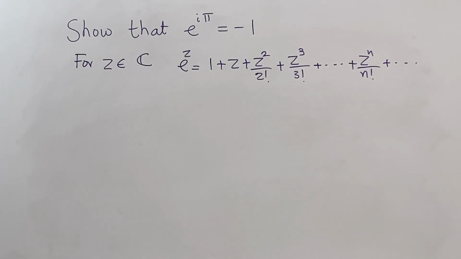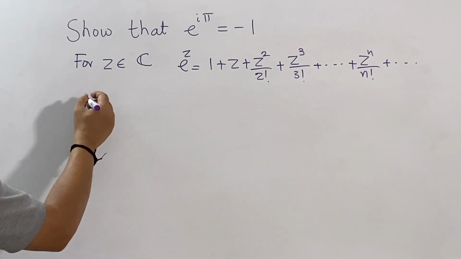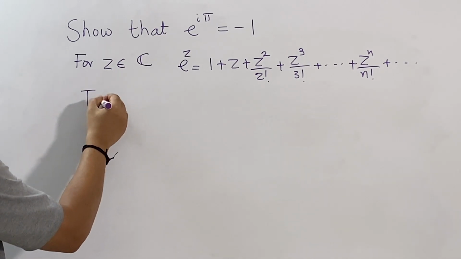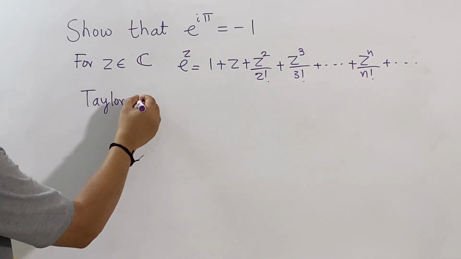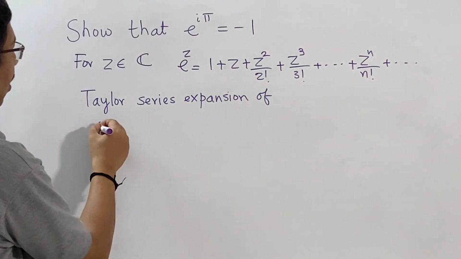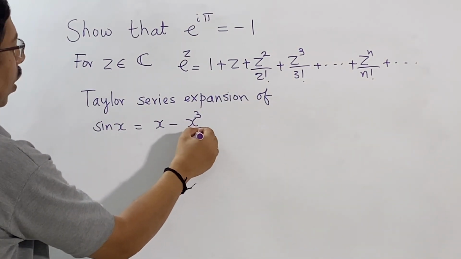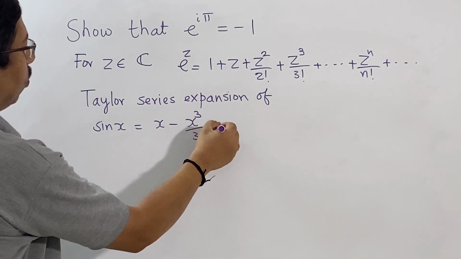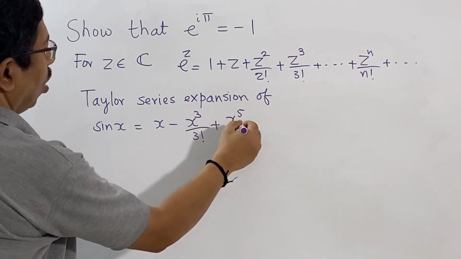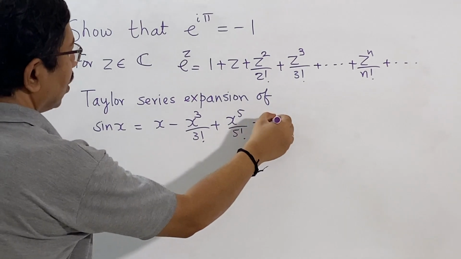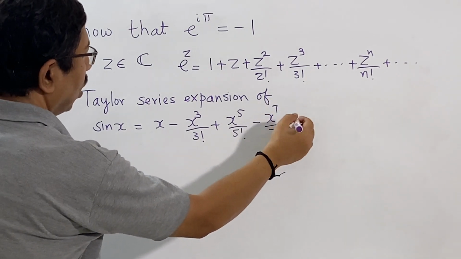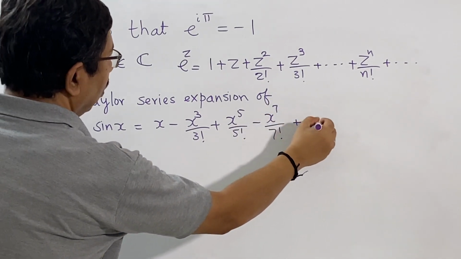Now, to get to that result, we must recall the two famous Taylor series expansions of sin x, which is x minus x cubed by 3 factorial plus x to the power 5 by 5 factorial minus x to the power 7 by 7 factorial, and so on.